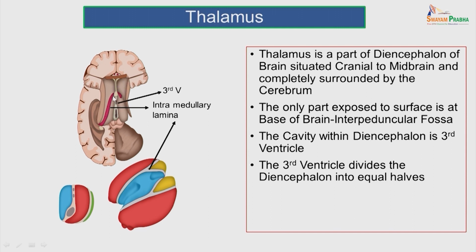But when we go to the base of the brain, it is exposed in the interpeduncular fossa. This is a mass that you see on either side of the third ventricle, which divides the whole of the diencephalon into two equal halves.